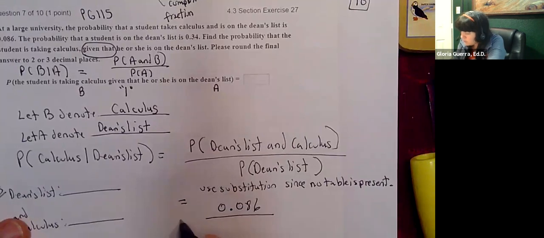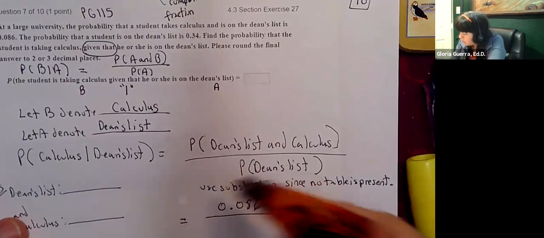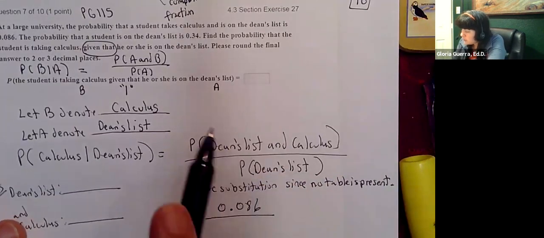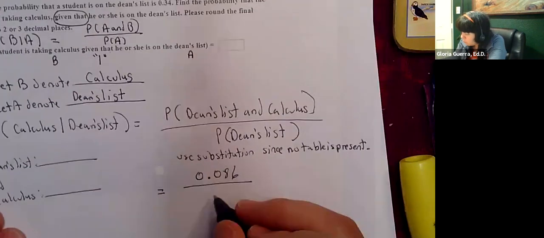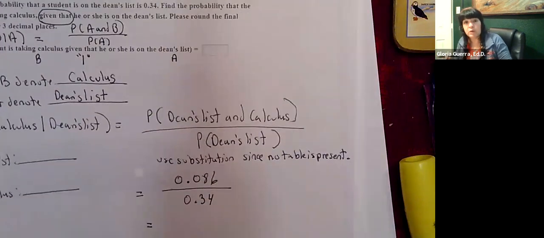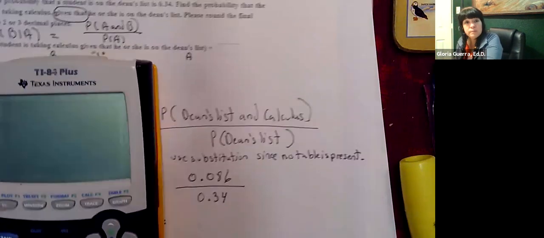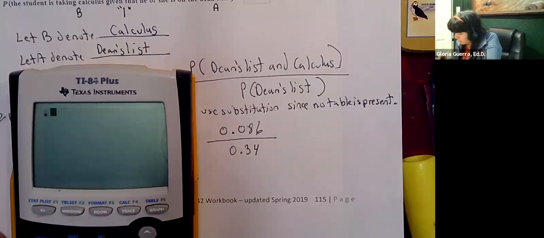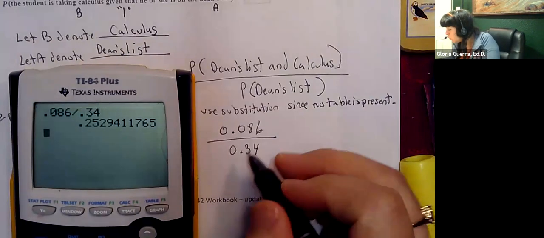Let me just lower this equal sign. And then the substitution for the Dean's List is this one. This is the Dean's List, 34 hundredths. Okay, and then I can use my calculator for that. Let's see, 0.086 divided by 0.34. Okay, that gives me that.